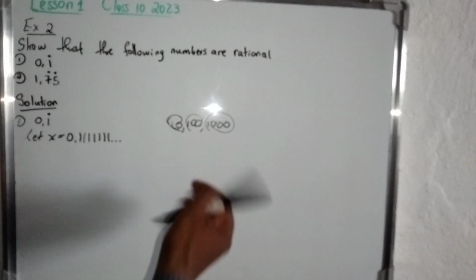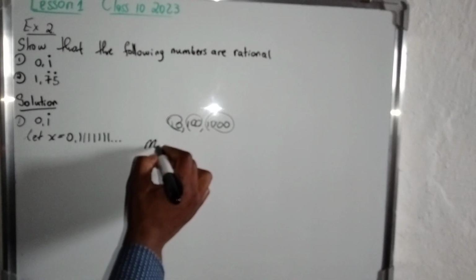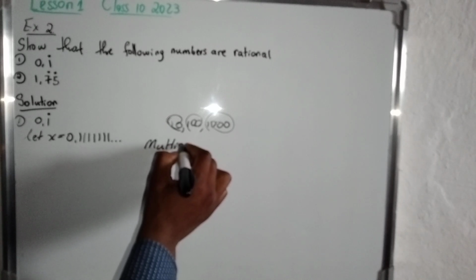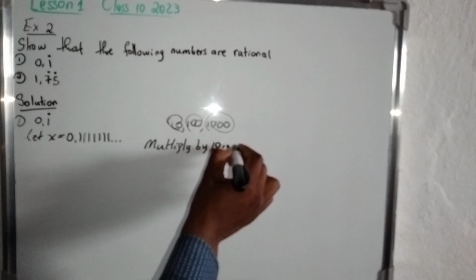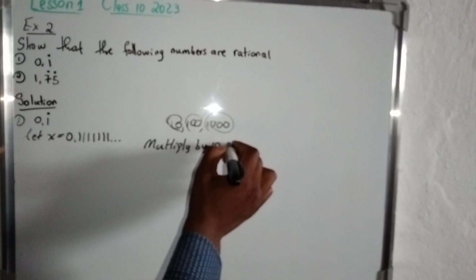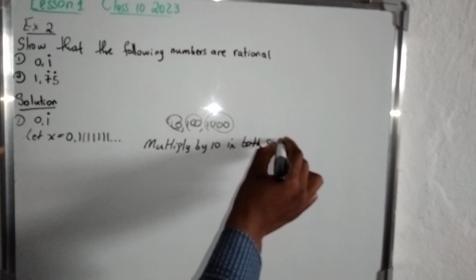Okay, so now what do we do here? We're going to multiply by 10 on both sides.